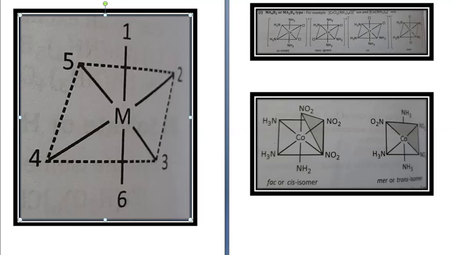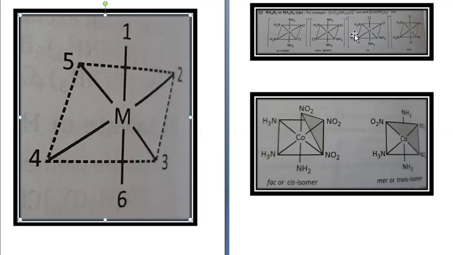Alright, now some important examples of geometrical isomerism in octahedral complexes are given below. First one is Ma4B2 or Ma2B4 type. Example is [CrCl2(NH3)4]+ ion and [CoCl2(NH3)4]+ ion.